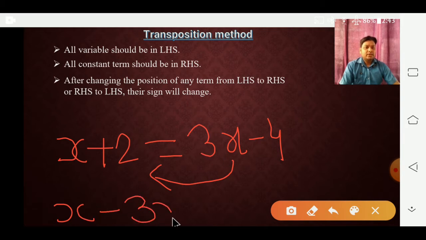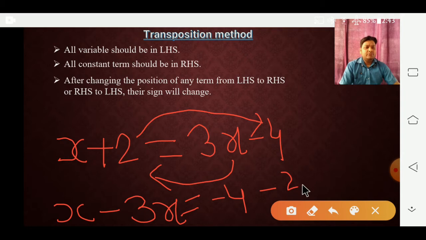Same as here, in RHS minus 4 is already there. Now we have to take 2 to that side, so plus 2 will be minus 2. It means if you are changing the position of any variable or constant term, the sign will change.